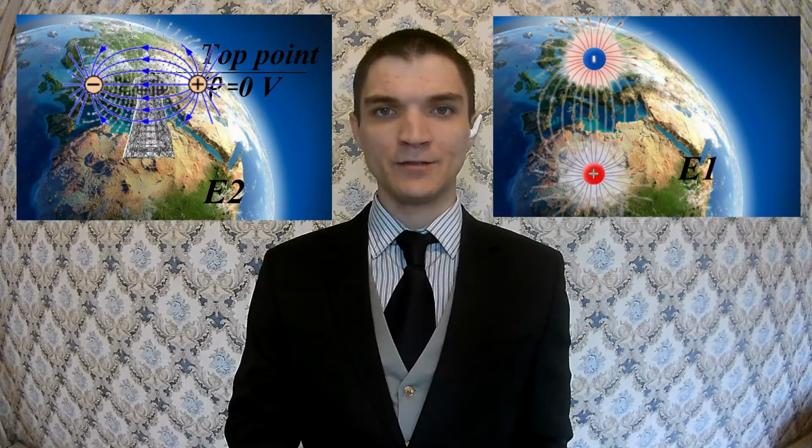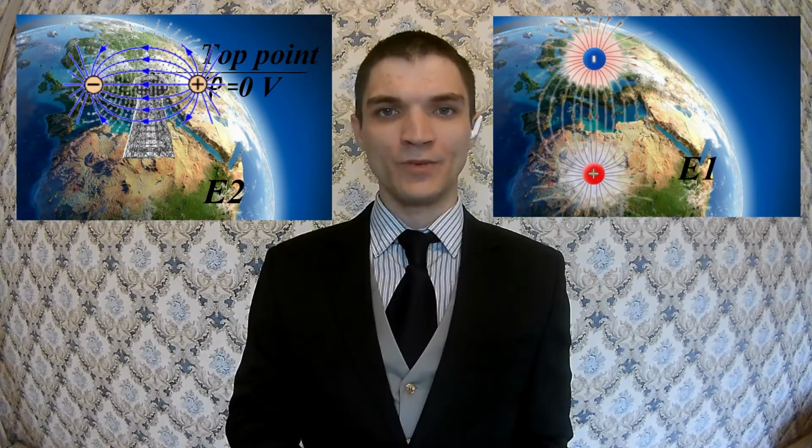In this case, the excess of negative charges at the top point of the conductor creates its own electric field. Then we get a system of two electric fields: the electric field of the Earth, E1, and the electric field of excess charges at the top point of the conductor, E2.